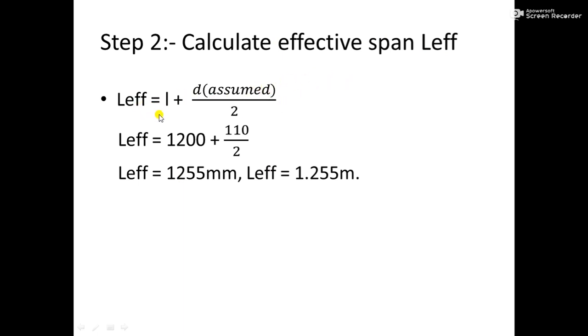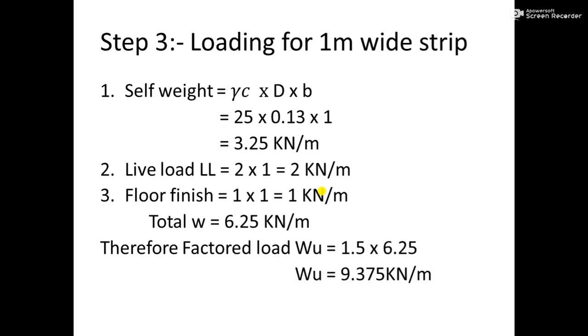So L effective is equal to L, that is the given span, plus D assumed, that is the assumed effective depth, by 2, that is 110 by 2. L effective is equal to 1255 mm, that is 1.255 meter. This is the L effective.